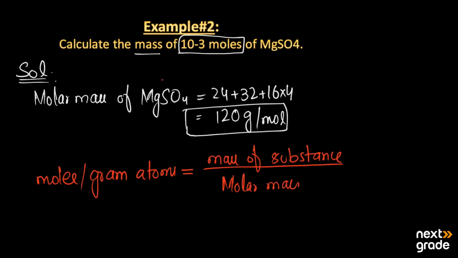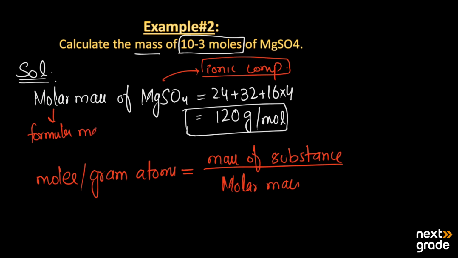Here, one thing you need to remember is that magnesium sulfate is an ionic compound, so we can use the term molar mass or formula mass. Both terms can be used, but as it is an ionic compound, we prefer to use formula mass. Here we have the moles, 10^-3.